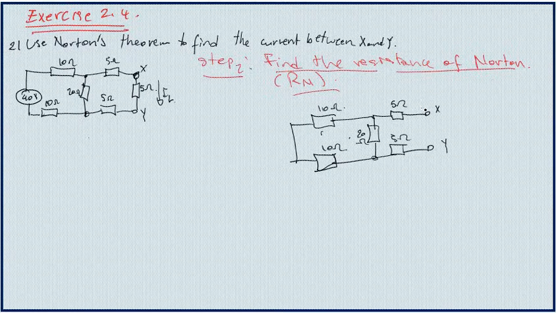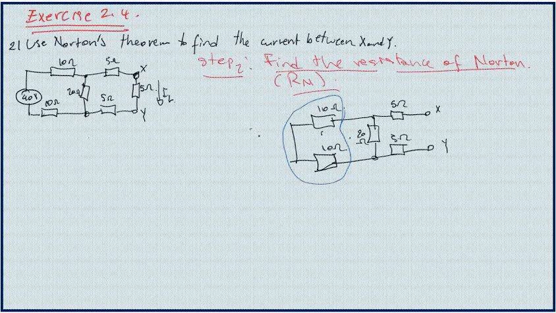I always start from the side which is located away from the terminal. So if I move from the opposite side, I realize that these two resistors are in series. So I can replace the blue block by a single resistance, which will be the sum of these two, because they are in series.